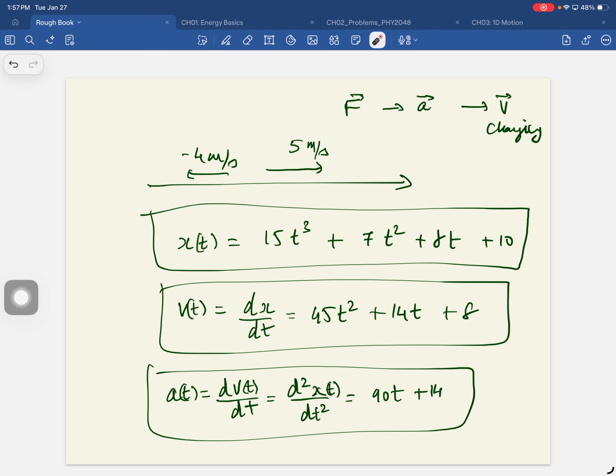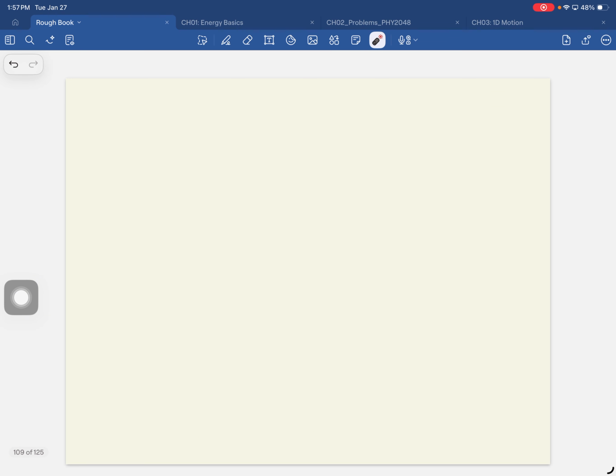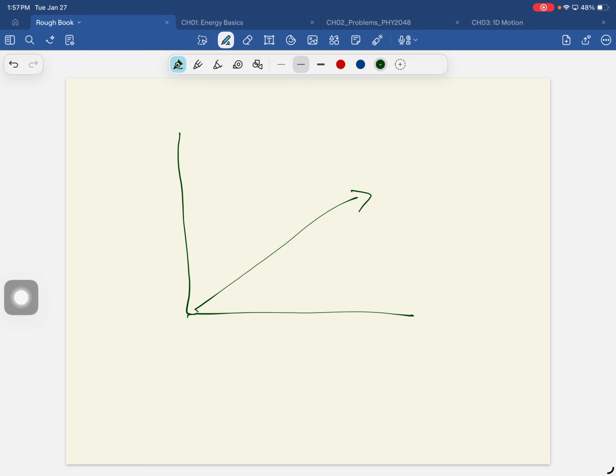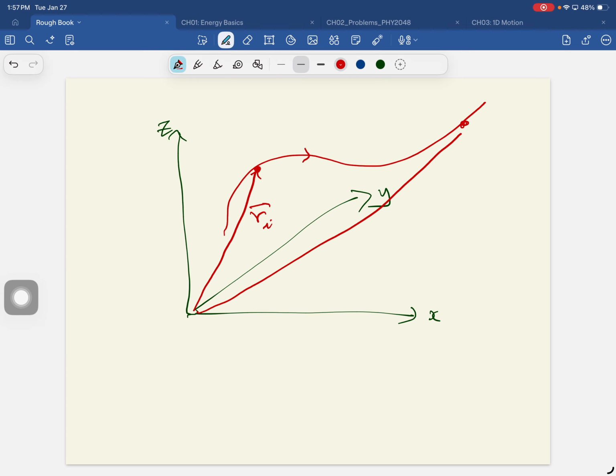So average velocity is displacement vector divided by time. This is measured in meters, and that's measured in seconds, so units are meters per second. You could calculate the average velocity over 10 hours, 15 hours, 5 minutes, 10 minutes, and so on.